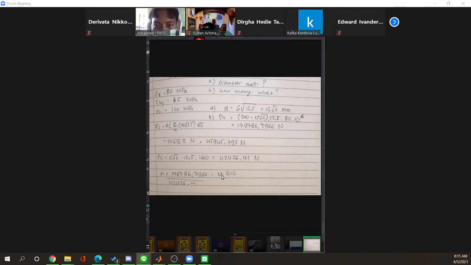That's the next question. Okay, so Kafka, you already did a very great calculation, and maybe we have a different result because of the numbers, but I think it is not a problem. The important thing is the concept here. So now you are able to determine the number of rivets required in the joint.